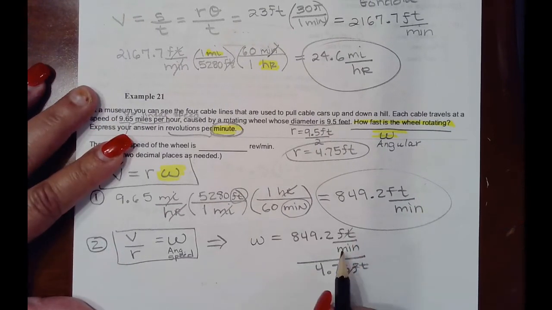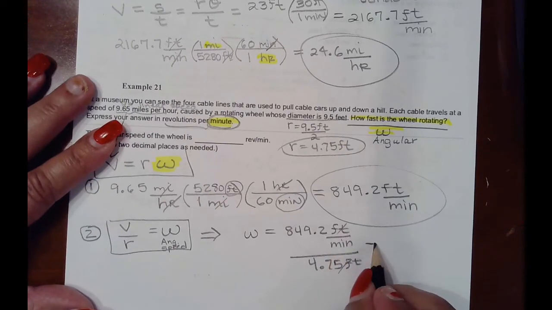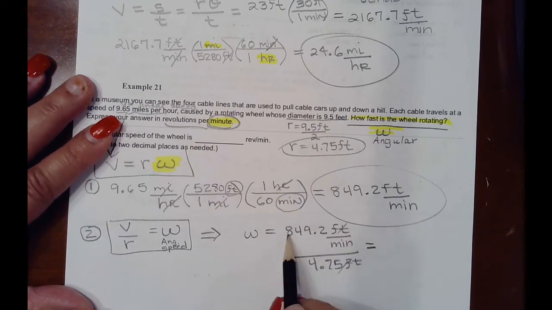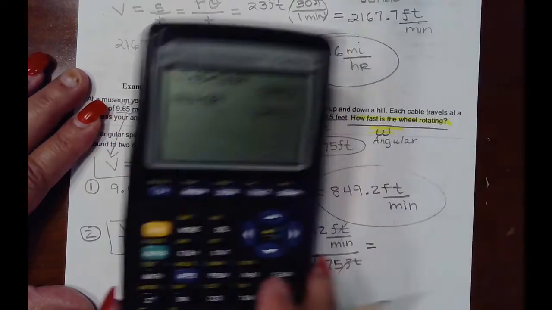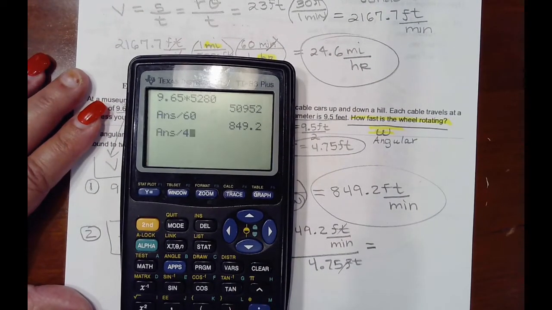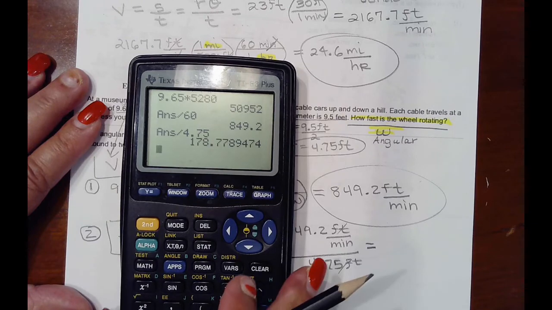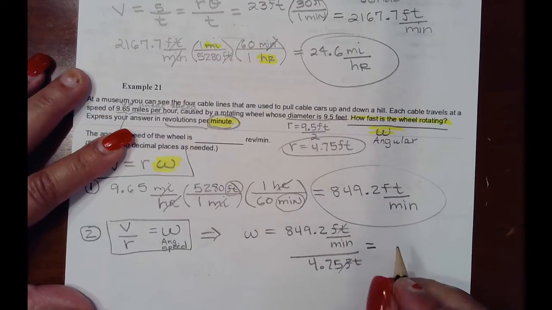Those feet would cancel. These minutes are going to stay in the denominator when I report them. So 849.2 divided by 4.75, which is 178.8.